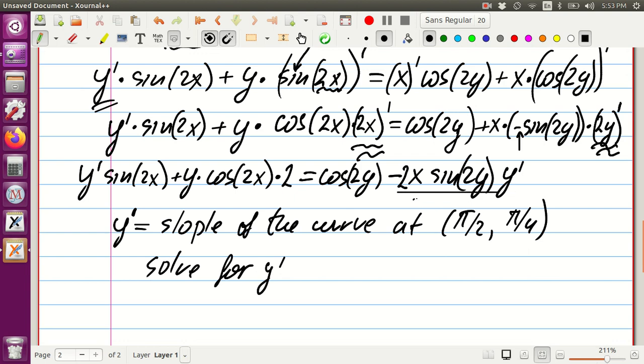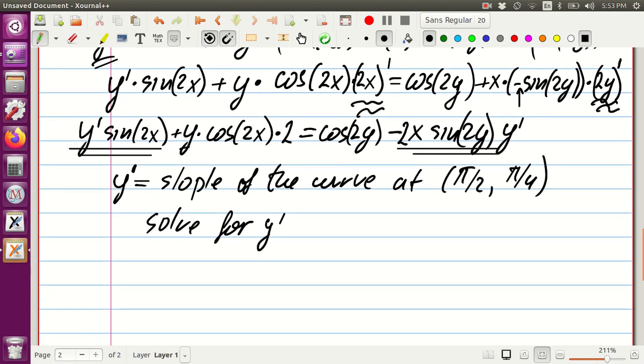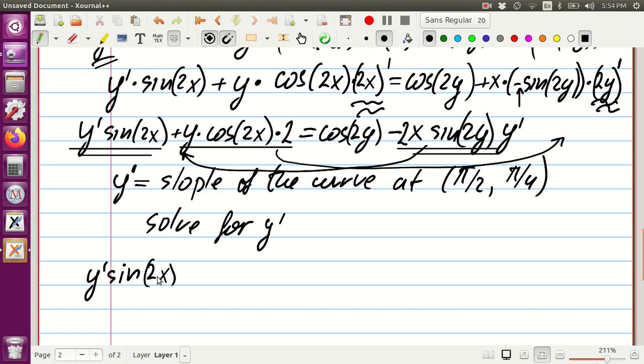So this term over here has y prime and this term over here has y prime. So I will add 2x sine of 2y y prime to both sides. And this term over here doesn't have y prime, so I would like to take it and move it to the right side by subtracting it from both sides. So we're moving these two terms around. On the left side we will be left with y prime sine of 2x, which comes from here.